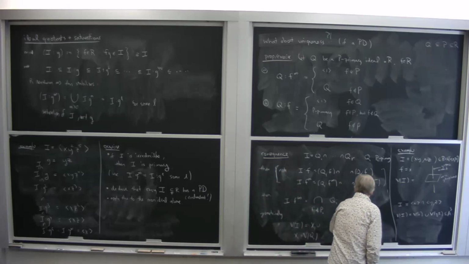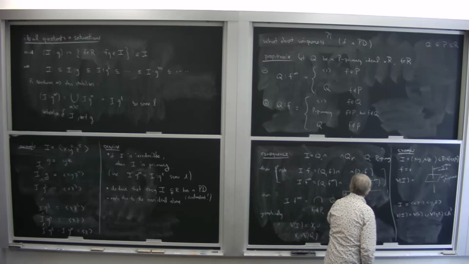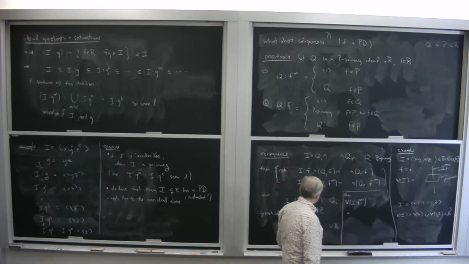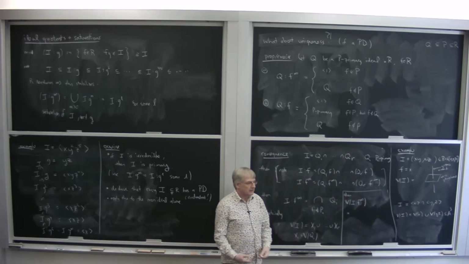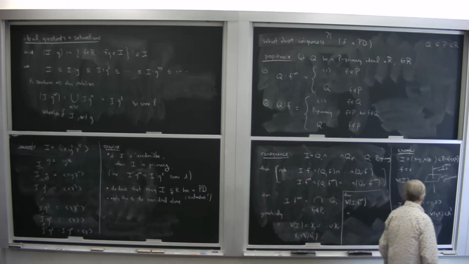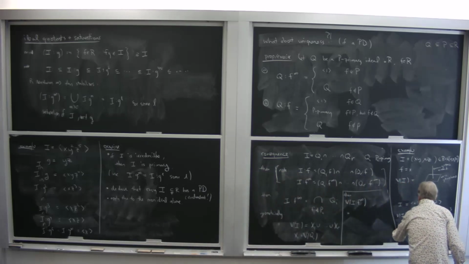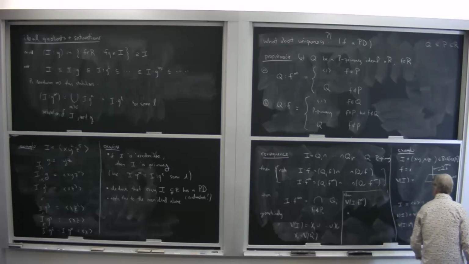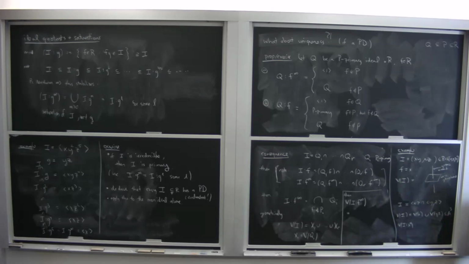But then what is the zero set of I colon F infinity equal to? Oh, I didn't actually do it over here. Shoot. V of I colon, which one was I going to take? x infinity. Turns out this is the same as I colon x. What is this ideal, I colon x infinity?